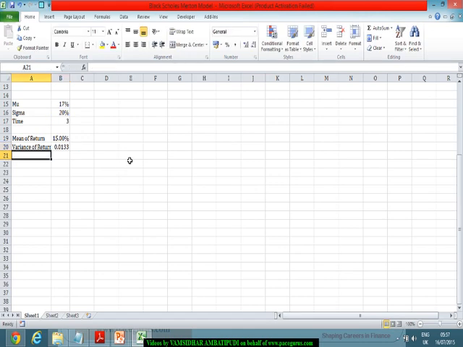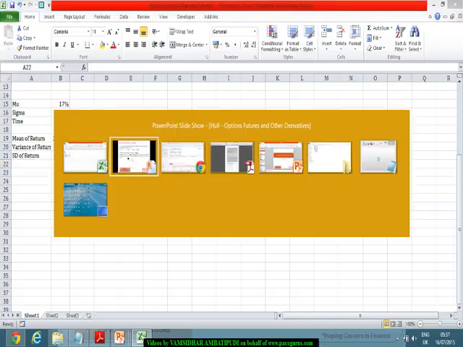So this is the variance of the return, and obviously the standard deviation of the return is the square root of the variance.